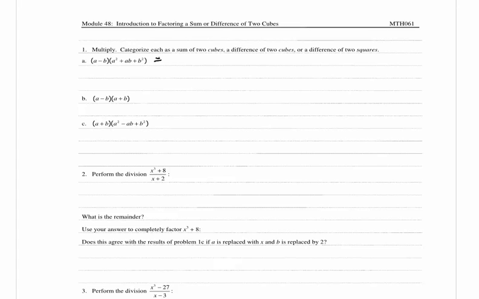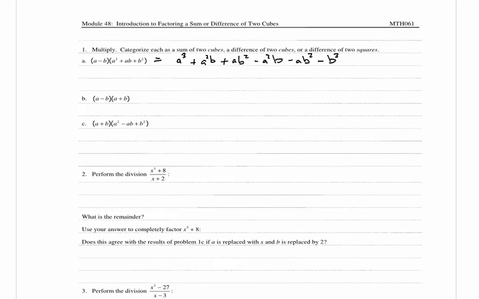And when we multiply this out, we get a cubed plus a squared b plus ab squared minus a squared b minus ab squared minus b cubed.